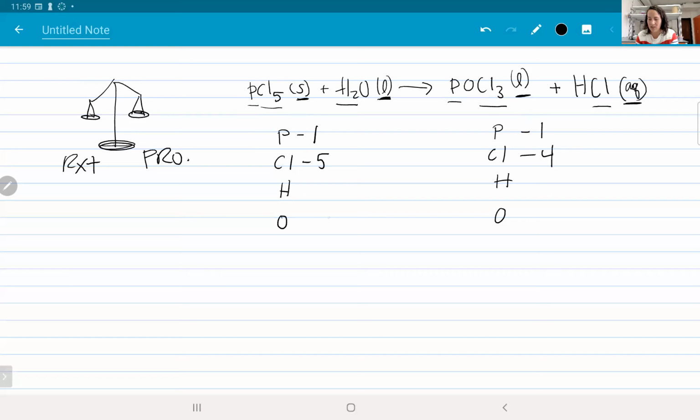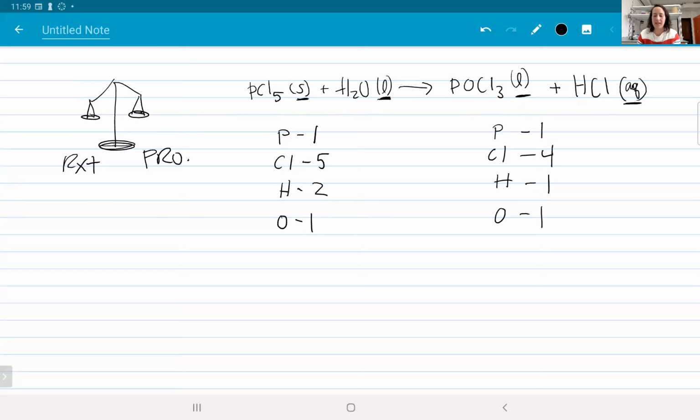I've got 2 hydrogens on the left side total, only 1 hydrogen on the right side total. And how many total oxygens? I've got 1 oxygen on the left side and 1 oxygen on the right side. Okay, so that is me going around and what I'll refer to as bookkeeping, the number of atoms I have on either side.